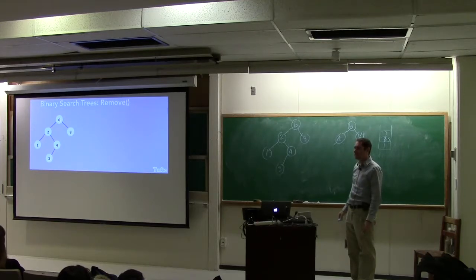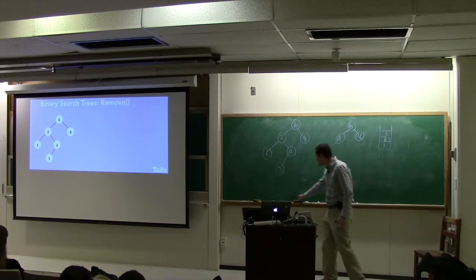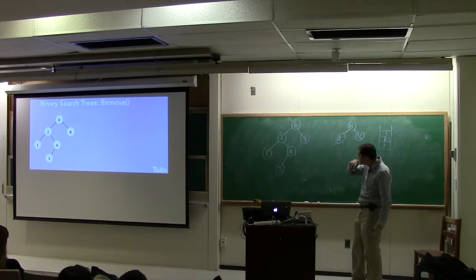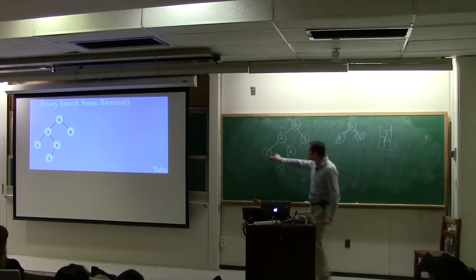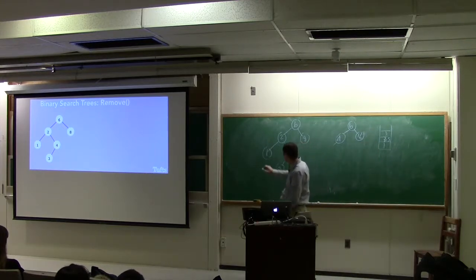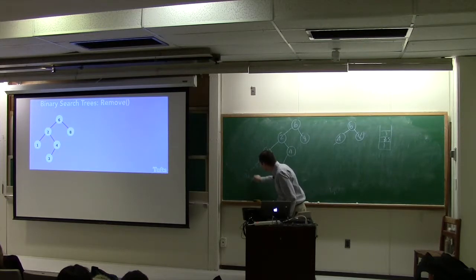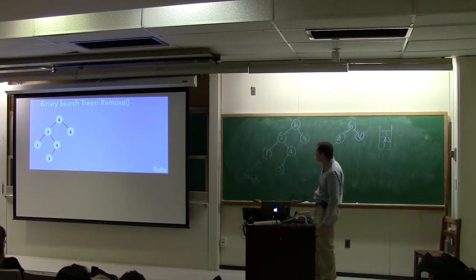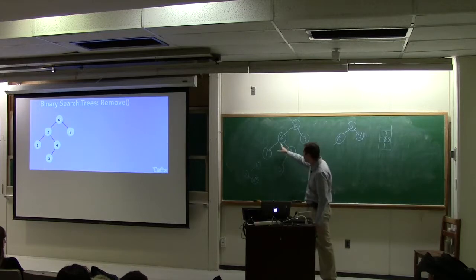You replace the node you're removing with its leftmost child, and you call remove on that leftmost child, and then keep going. So 0.5, 0, 0.2. 2 becomes 1.